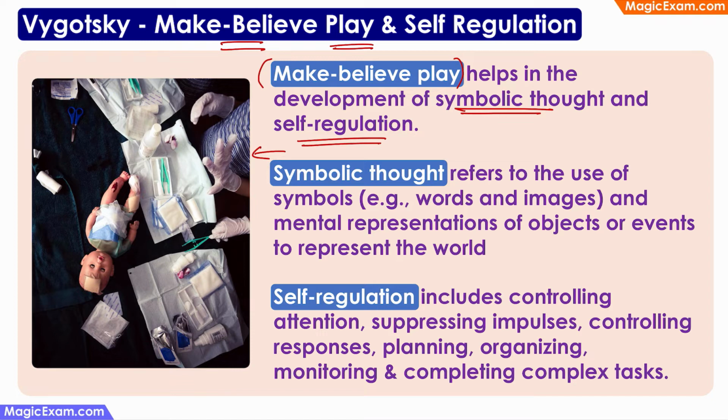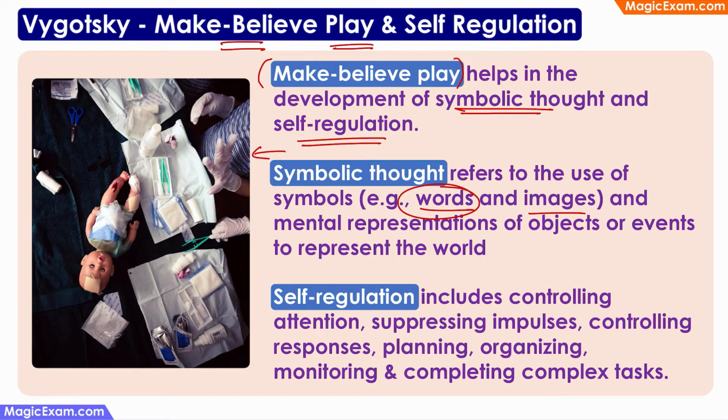So what is symbolic thought? Well, symbolic thought is nothing but the ability to use words or images to make mental representations of real world objects and to send and receive information. For example, if I say the word fire, then you are mentally imagining a fire in your mind. So you are using a mental image to understand what I am talking about. And if I say fire, you can also use the word FIRE. Right?